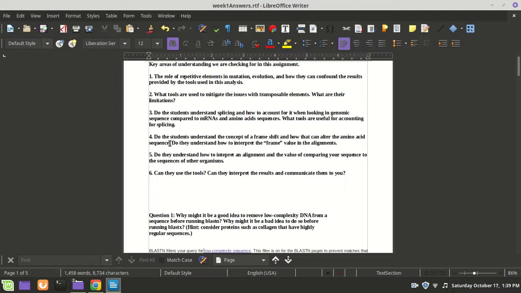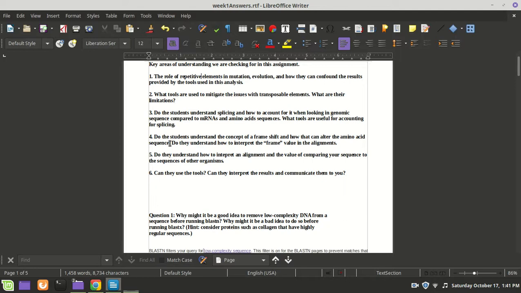Of course, the introns will be spliced out, and you're going to need to do that if you're going to be comparing your sequence to RNAs, and if you're going to translate into mRNAs. If you're going to translate into amino acids, and you have genomic sequences, you're going to have to get those introns out of there to find out what the amino acid sequence is.